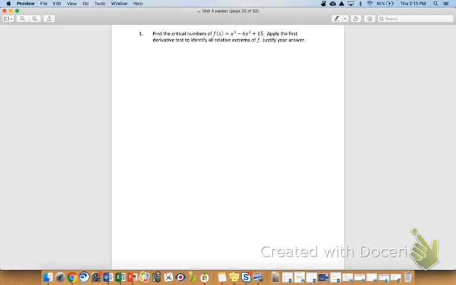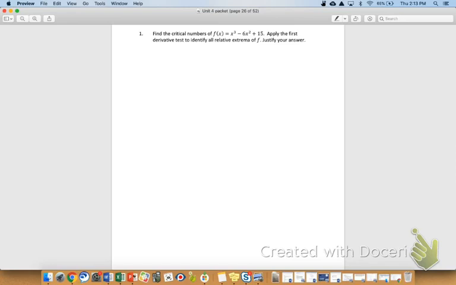So guys, listen up. When you first read this question, it says, find the critical numbers of f, blah blah blah. Apply the first derivative test. Identify all relative extrema. Oh, finding maxes and mins, right? Well, aren't the candidates for maximums and minimums endpoints and critical numbers? Tell me where the endpoints are. There aren't any, are there?